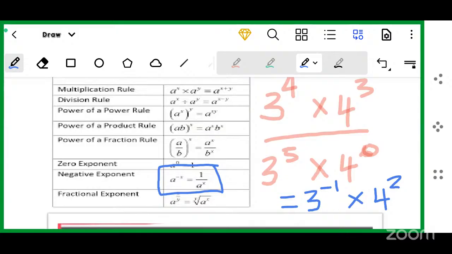So when we're coming to the 4 part, did you say 3 minus 0? No, I said 3 minus 1. Okay, because here it's 0 on top of 4. The exponent on top of 4 is 0.